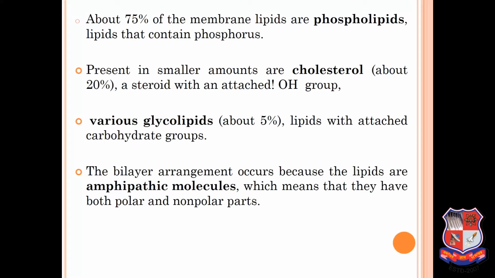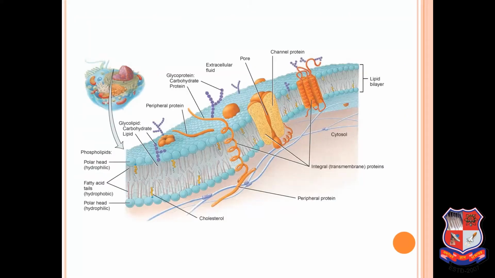About 20% are cholesterol, which is a steroid with OH groups, and about 5% are glycolipids, which contain carbohydrate with lipids. The bilayer arrangement occurs because the lipids are amphipathic molecules, and amphipathic means it has both polar and non-polar parts. Here is a diagram of the cell membrane.